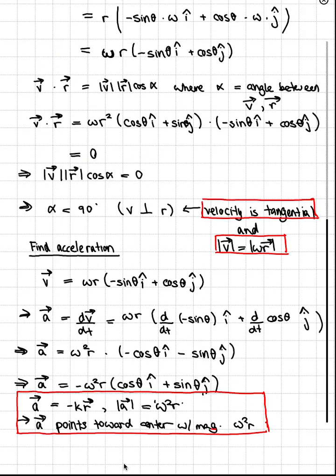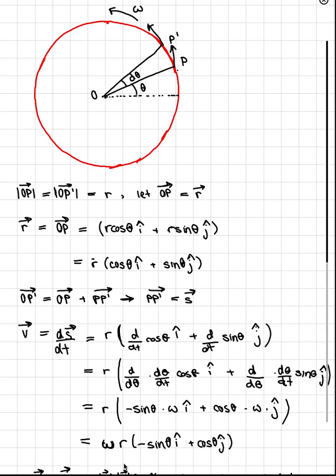Here, we have some other constant, omega squared r, times negative cosine theta i negative sine theta j. This means that a must be equal to some constant times negative r. That means that a is moving in the opposite direction as r. But we remember that r is trying to travel away from the center. That means that a is going towards the center.